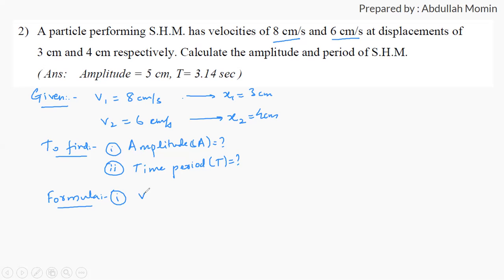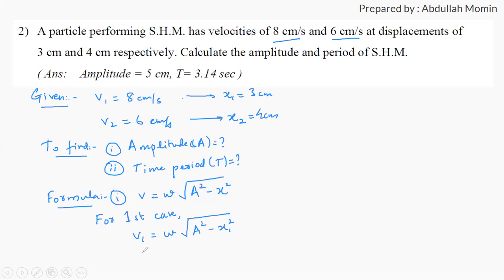We have V is equal to omega root A square minus X square. So for the first case, V1 is equal to omega root A square minus X1 square.